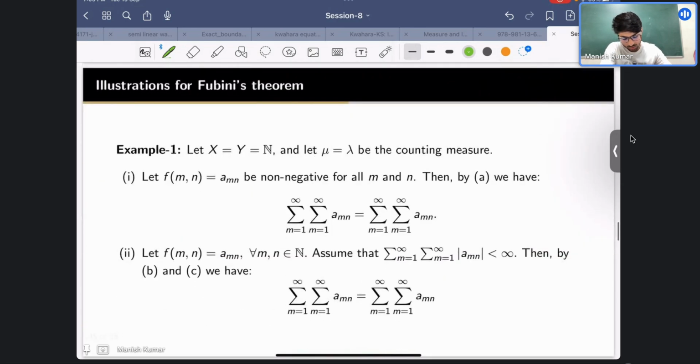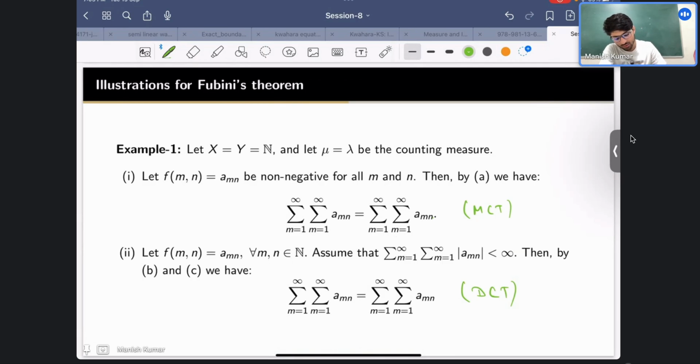Now let us see some example or application of this Fubini theorem. In fact, if you look at these two results, this one was proved using the monotone convergence theorem and this was proved using DCT. Suppose you have a function of two variables defined over the natural numbers, so this is N cross N with the power set of N cross power set of N, and the product measure is the product of counting measures.